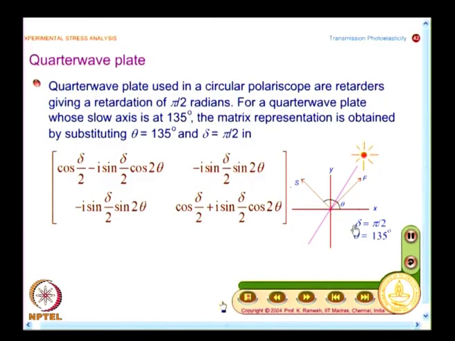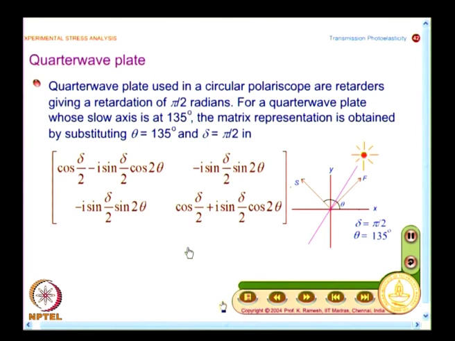So, when I substitute delta equal to pi by 2, theta equal to 135, you will get a very simple expression, and it really makes your life simple when you have to analyze a circular polariscope.